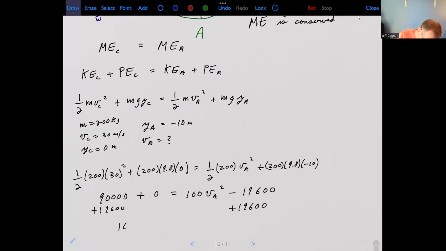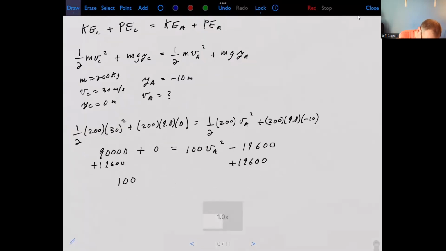I'll just write on the left-hand side here: 100 VA squared is equal to, I guess, 109,600. Now I'll divide by 100. So I have VA squared is equal to 1096.